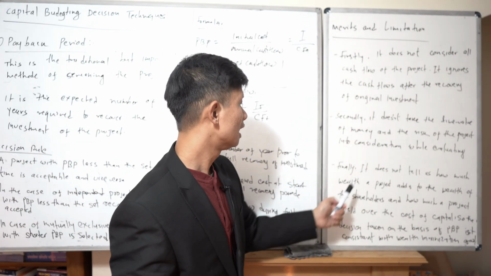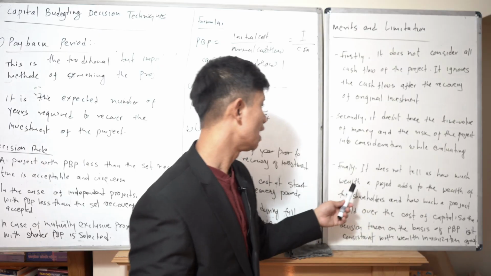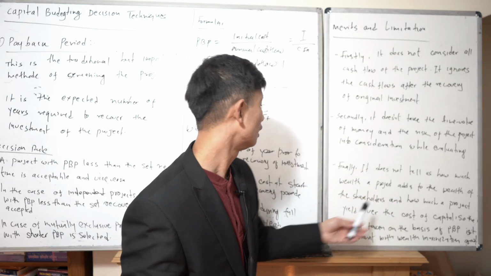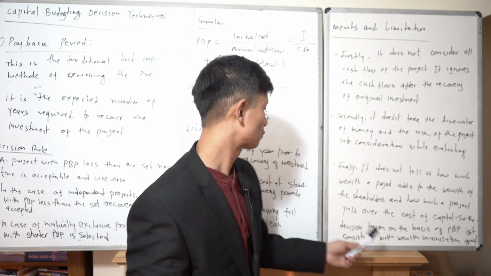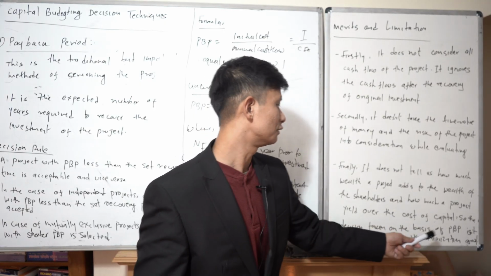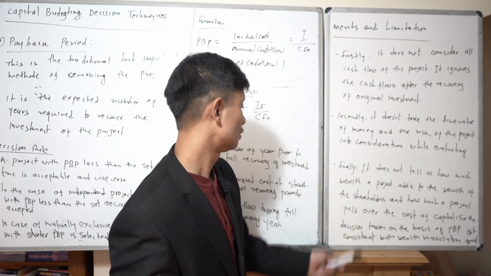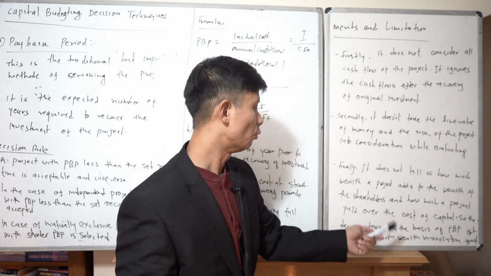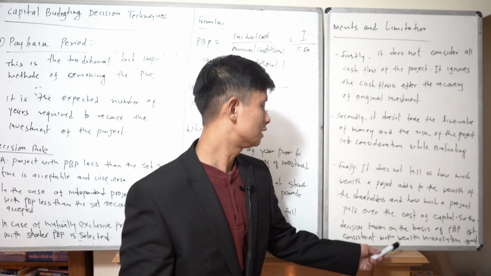And finally, it doesn't tell us how much wealth a project adds to the wealth of the shareholders and how much a project yields over the cost of capital. So the decision taken on the basis of the payback period isn't consistent with the wealth maximization goal.